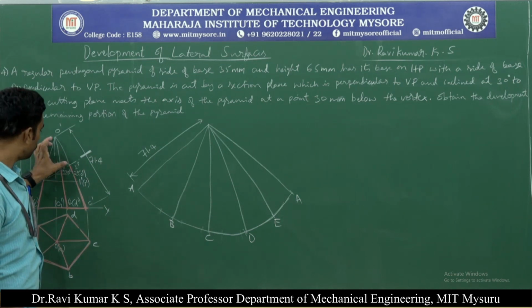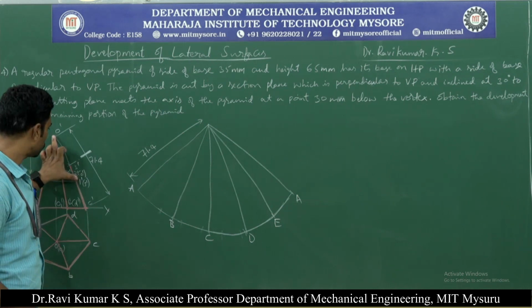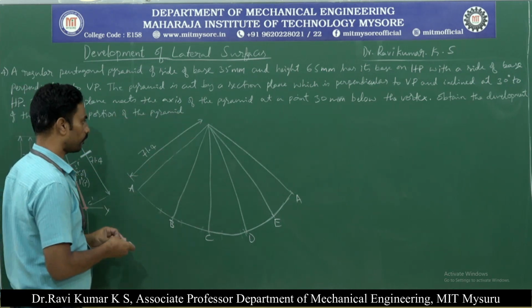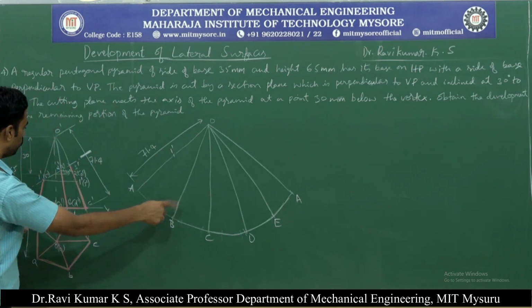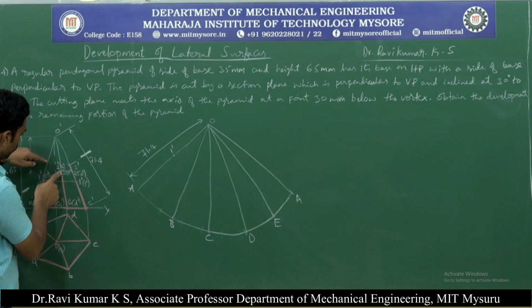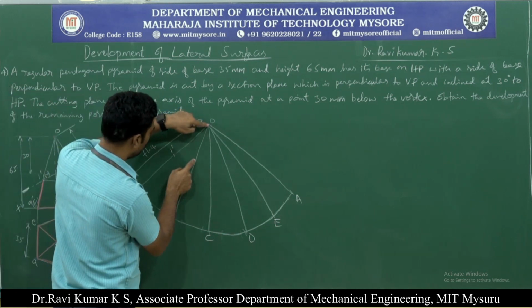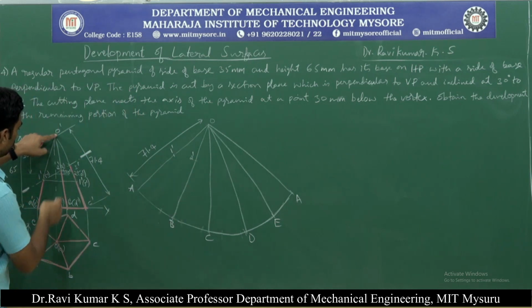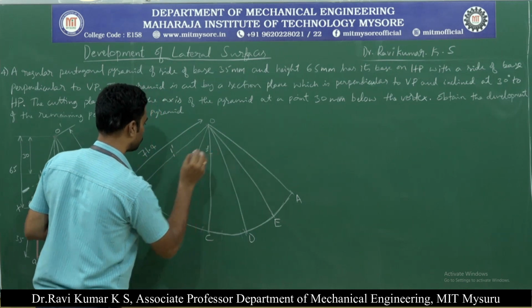Now take the radii here, O dash to 1 dash on the true length line. You measure here, this is O, this is 1 dash, cut. Similarly, OB means the point 2. Measure O dash to 2, cut here, this is 2 dash. Similarly, OC is 3, cut here, 3 dash.